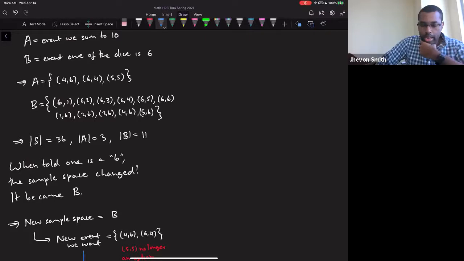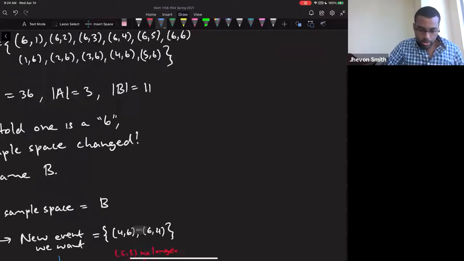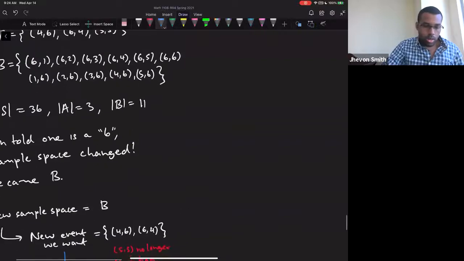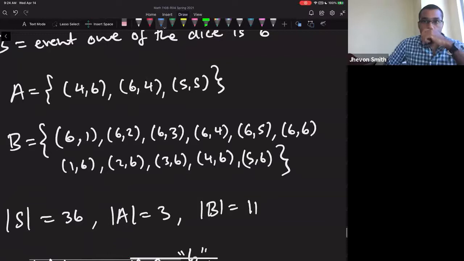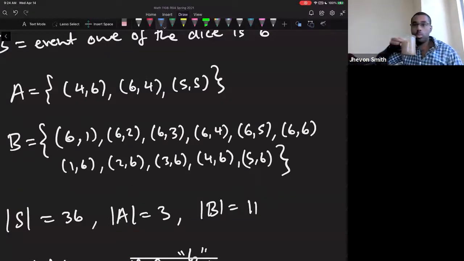So look at A and B and look at that set. How do you describe that set? Right, so the set 4, 6 and 6, 4, how does that relate to these two guys? Does anyone see?